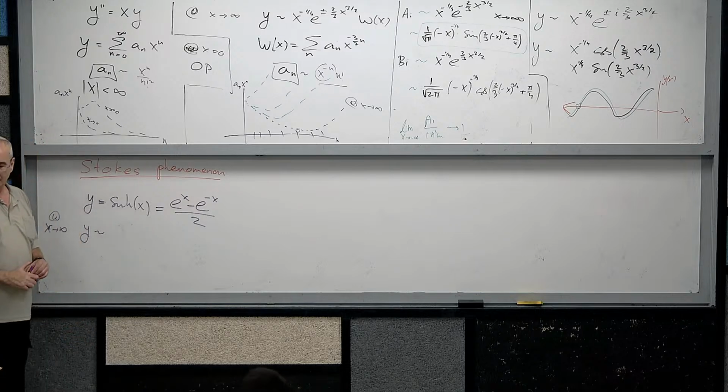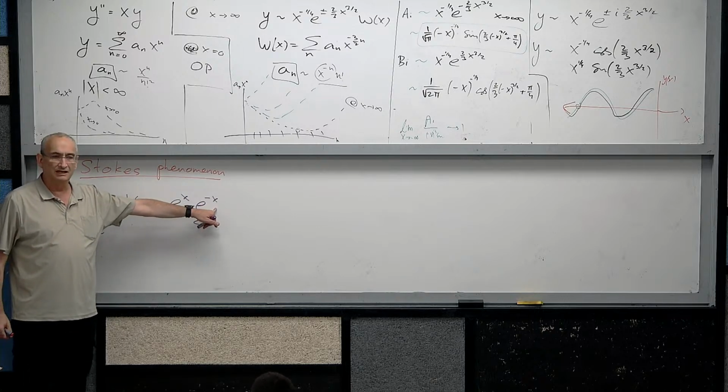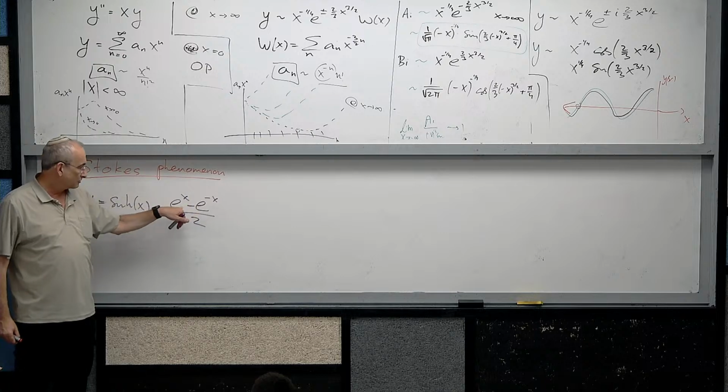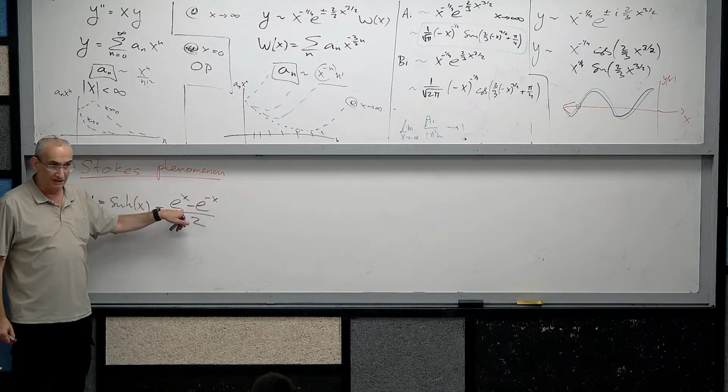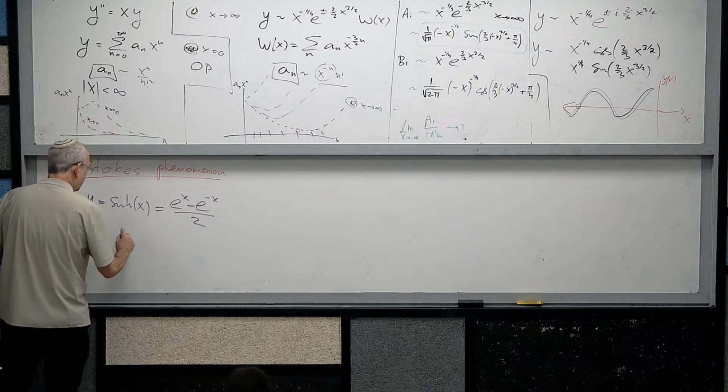Clearly, when x goes to infinity, e to the minus x is subdominant, e to the x is dominant, and therefore the asymptotic of y as x goes to infinity is e to the x over 2.